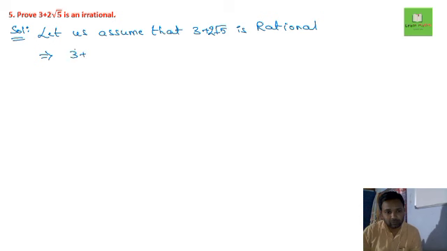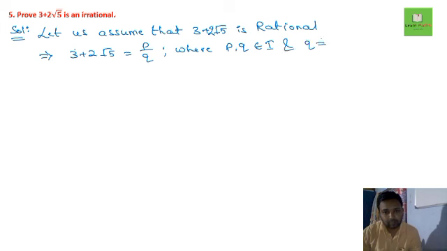Therefore, 3 plus 2 root 5 is equal to p by q, where p, q are integers and q is not equal to 0. If 3 plus 2 root 5 is rational, then we can simplify it to its lowest form. Therefore, we get 3 plus 2 root 5 in the form of a by b.